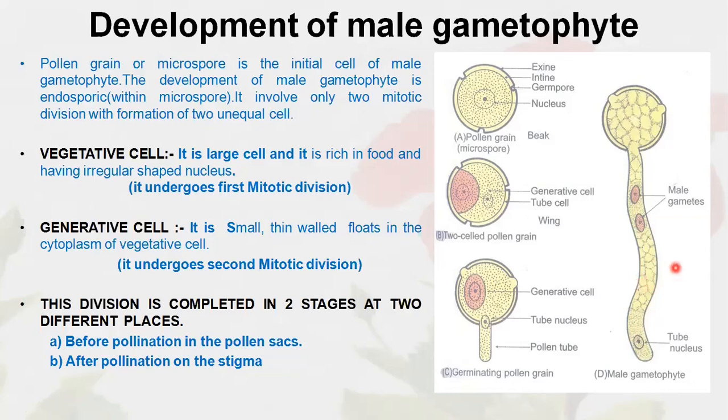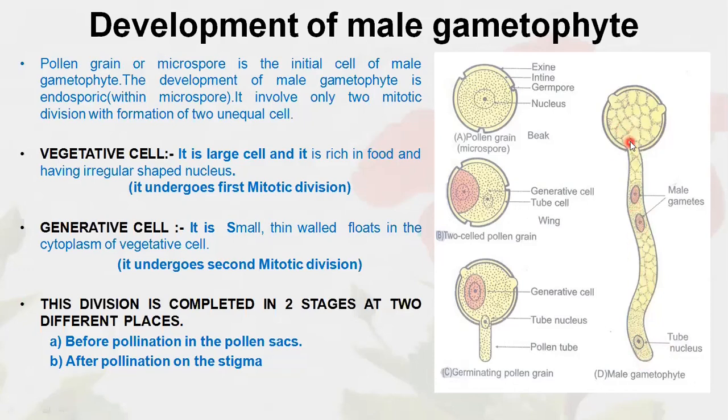This pollen tube grows down towards the ovule through the style due to a chemical stimulus, meaning the chemical produced inside the ovary. Now, this pollen tube with 2 male gametes, thin cytoplasm and sterile vegetative nucleus represents the male gametophyte.